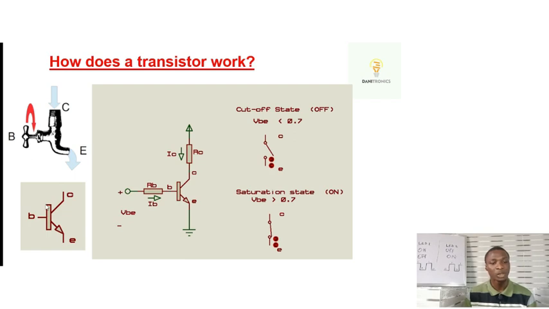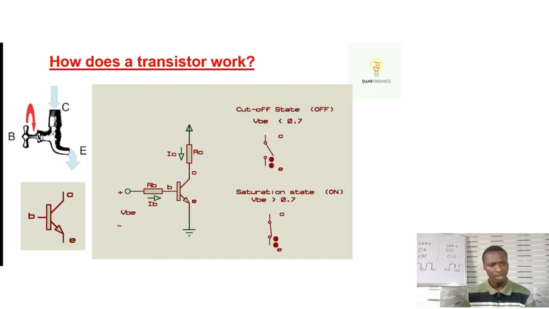I told you in our lecture number 3 that we have two major kinds of transistors. Should I say types of bipolar junction transistors, because we have other kinds of transistors, but for bipolar junction transistors, BJTs, we have two major types: the PNP configuration and the NPN configuration.